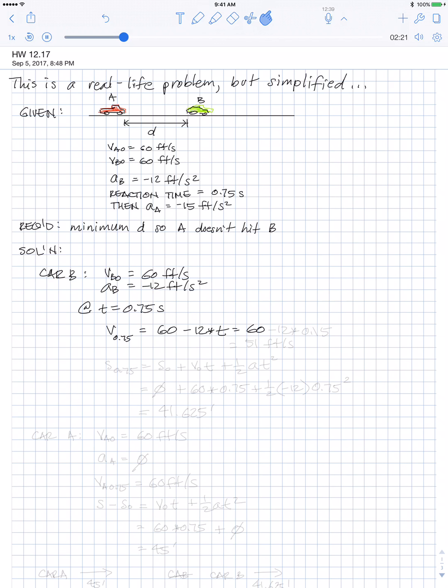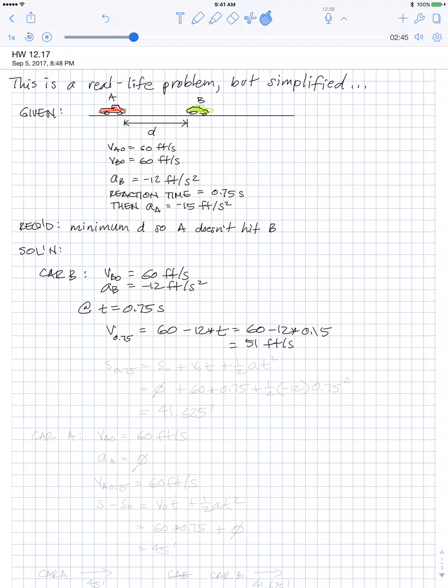So it's 60 minus 12 times 0.75 seconds, and that equals 51 feet per second.